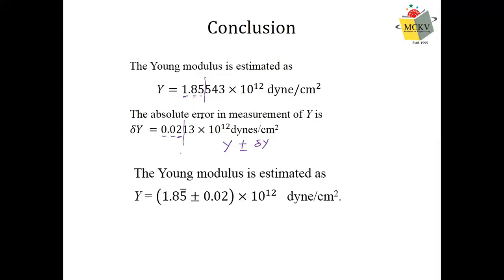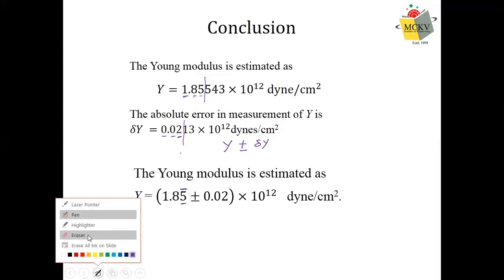So our final value will be 1.85 plus minus 0.02. But this 5 is also not correct, because we are adding or subtracting another quantity from it and the value is changing. To symbolize that, we give a bar symbol over it. This bar symbolizes that this digit is also not correct. So this is the way we can write the final answer.